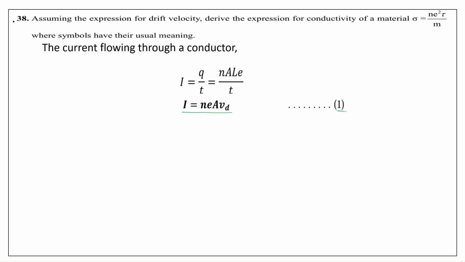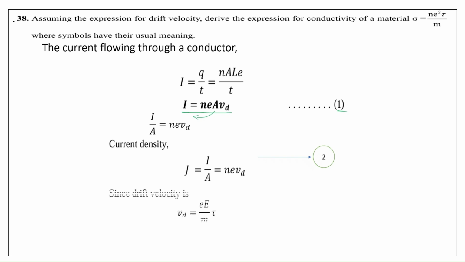Mark as equation 1. Take A this side. That is, I by A is equal to NeVd. But I by A is equal to J, that is current density. Therefore, we can write J is equal to NeVd. Mark as equation 2. But drift velocity, Vd is equal to eE by m into tau. Now substitute in 2.